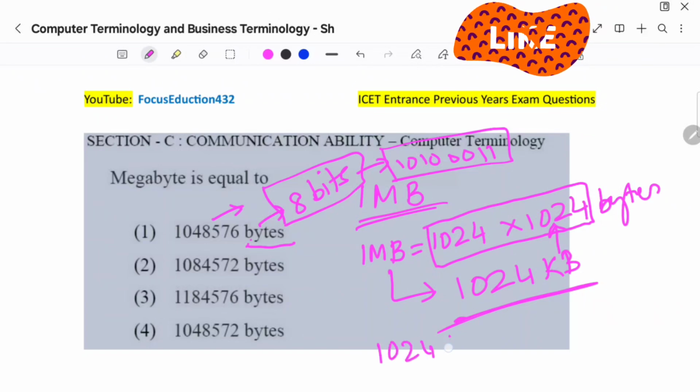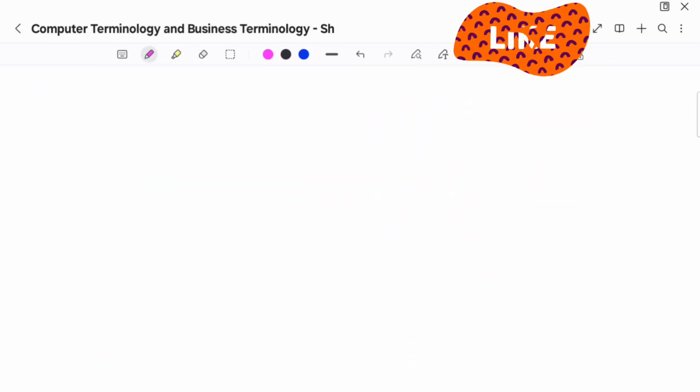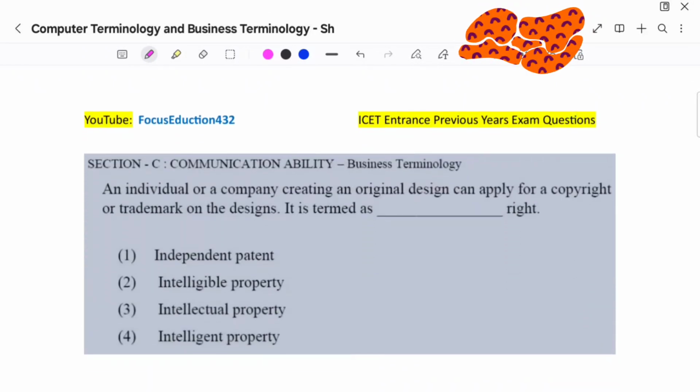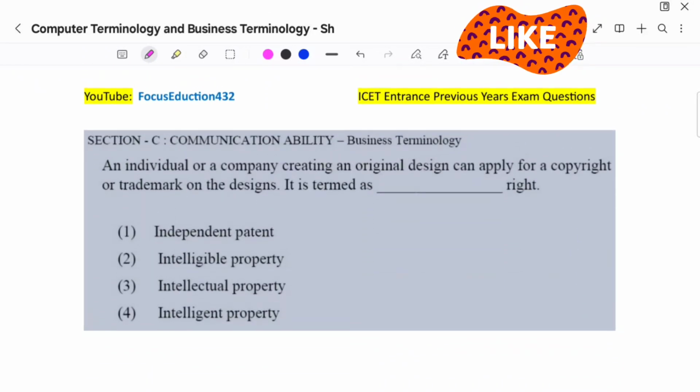This is additional information. Like this, 1024 KB means 1024 into 1024 bytes, so many ones and zeros. See this information 2-3 times and repeat it so that you can write any question that comes in the exam.